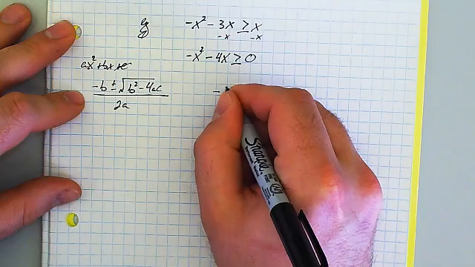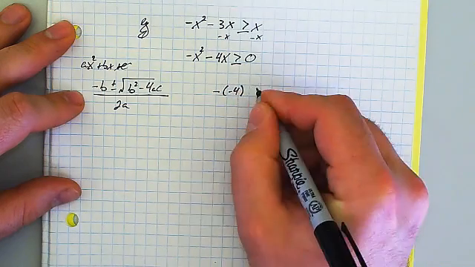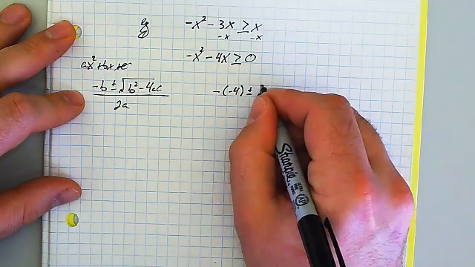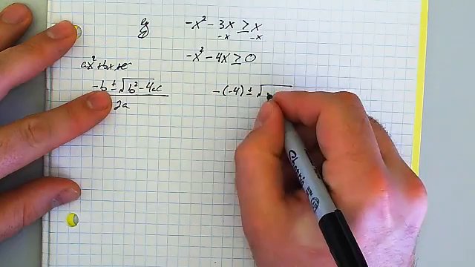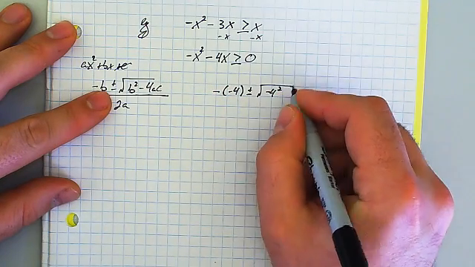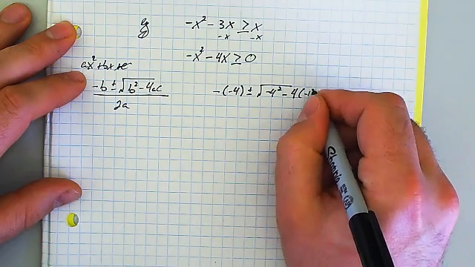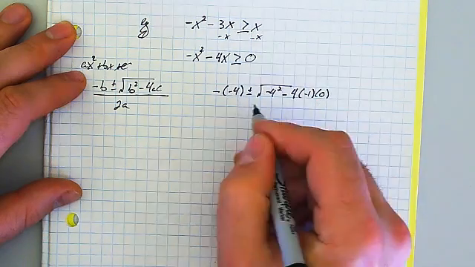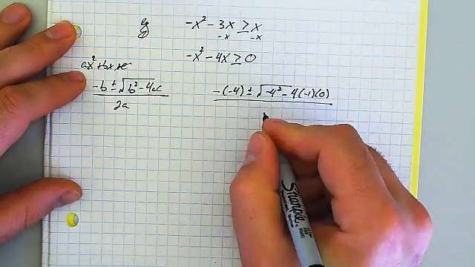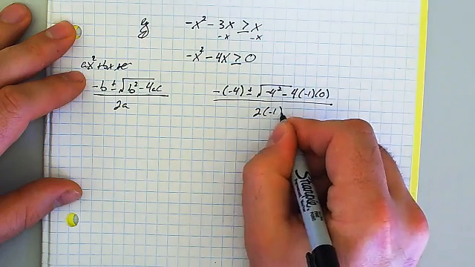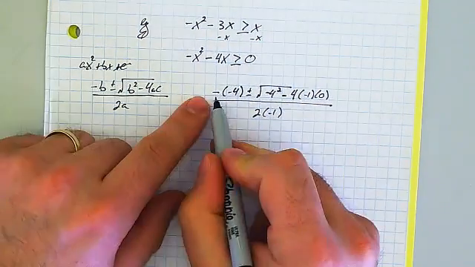So b is negative 4, so we have negative of negative 4 plus or minus the square root of negative 4 squared minus 4 times a, which is negative 1, times 0. And this whole thing is divided by 2 times negative 1.